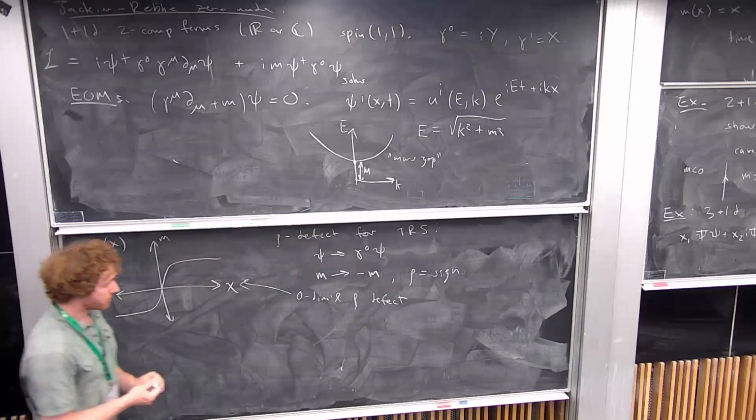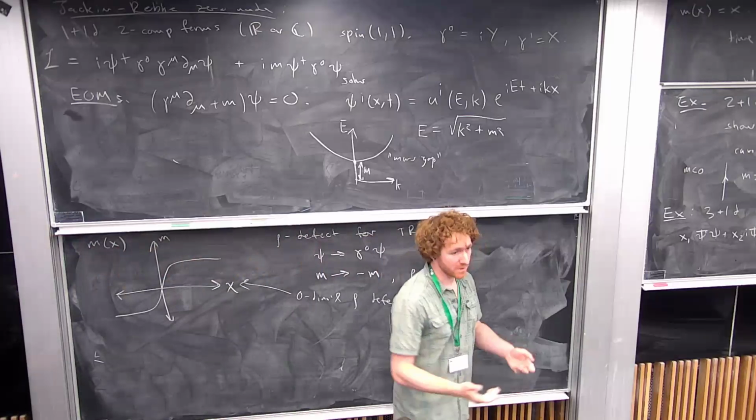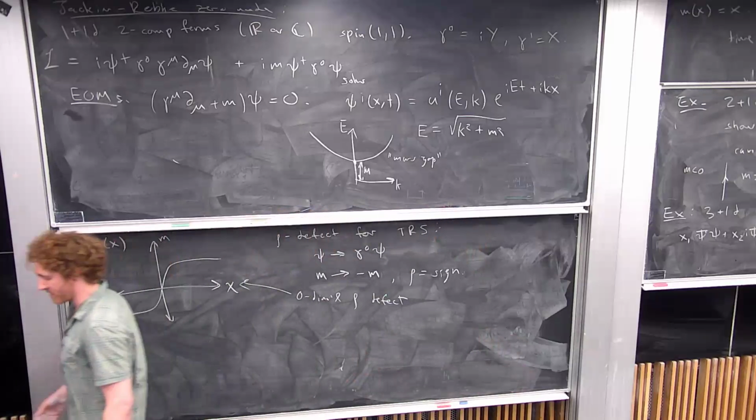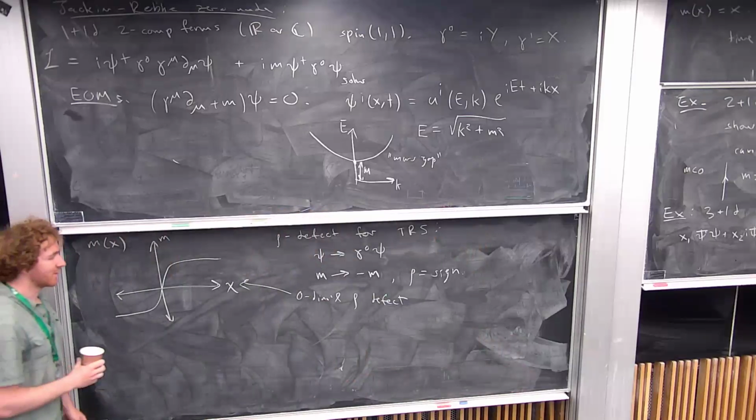So these are some calculations you can do with free fermions that are fun. Well, depending on your taste of gamma matrices, you might consider them fun or tear-jerking.